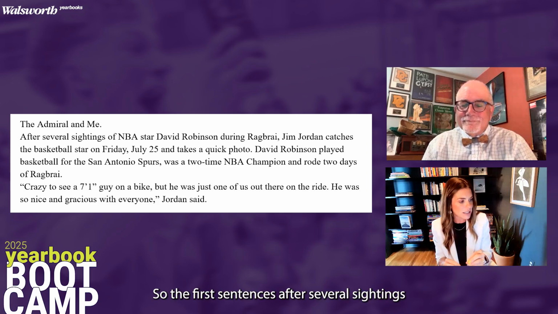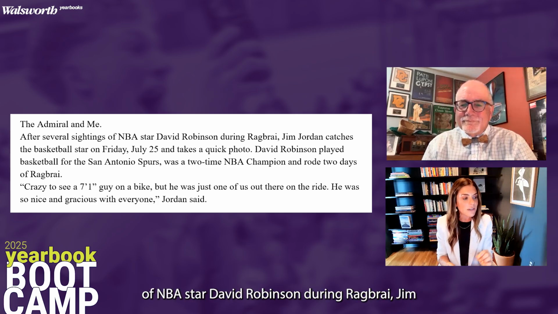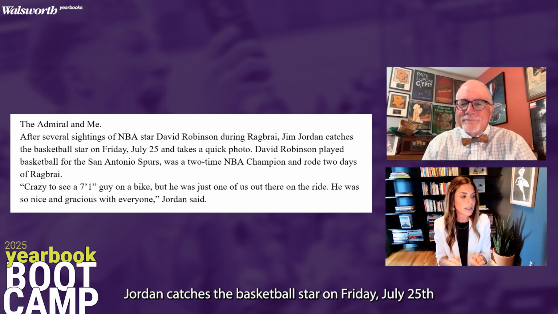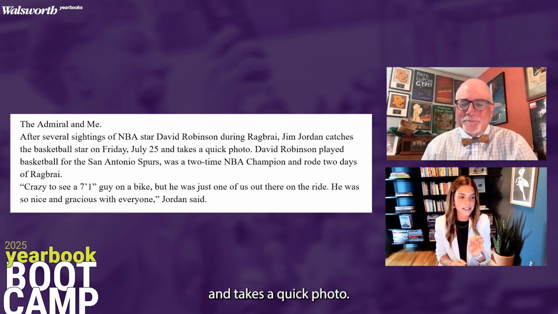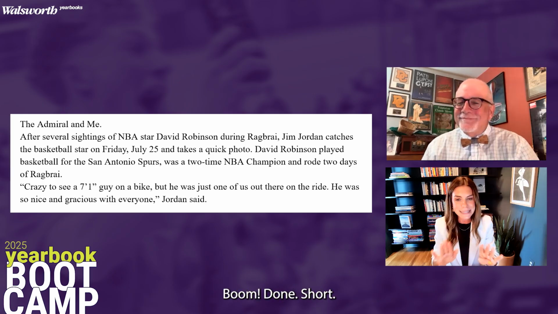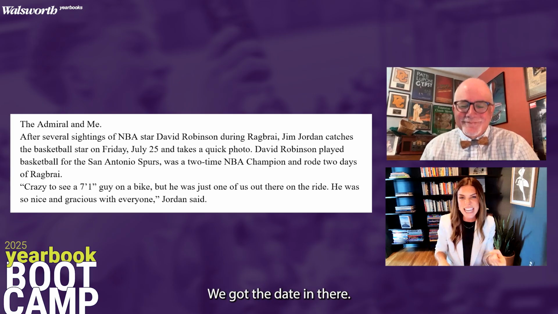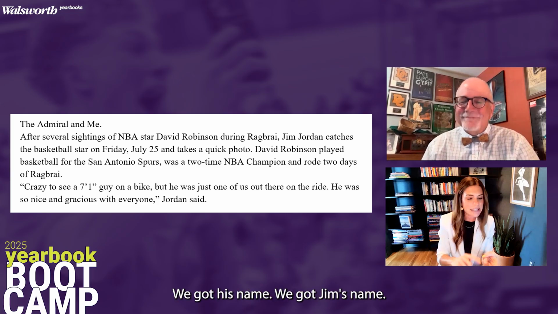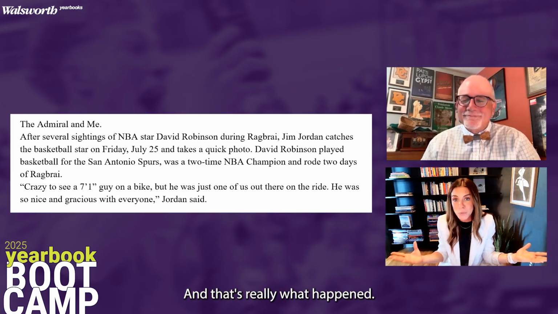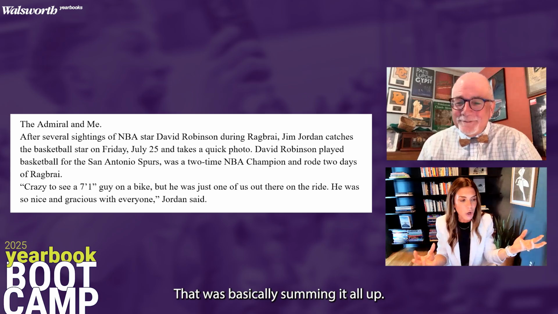So the first sentence is, after several sightings of NBA star David Robinson during RAGBRAI, Jim Jordan catches the basketball star on Friday, July 25th, and takes a quick photo. Boom, done. Short, sweet, to the point. We got the date in there. We got his name. We got Jim's name. And that's really what happened. That was basically summing it all up.